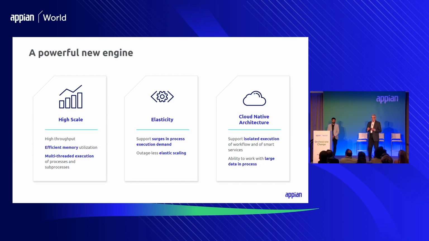We'll talk a little bit about how this will benefit our self-managed customers. Right now, it's just going to be available in Appian Cloud. We'll cover that later in the presentation. The other important aspect is that we're isolating execution to these executors, which offloads capacity off of your application server and frees up capacity for your user-centric applications.